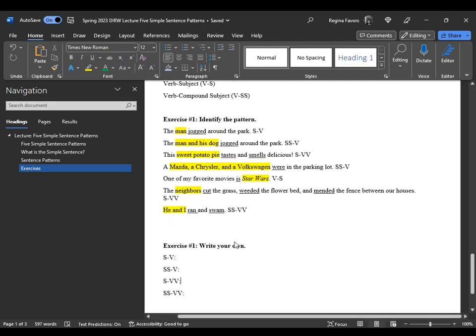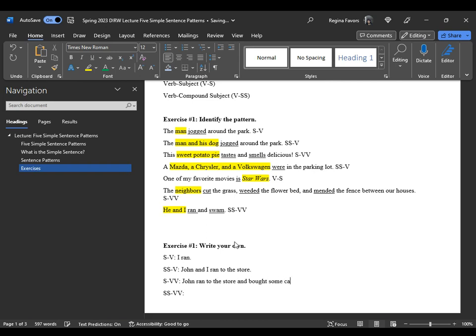So let's write our own sentence and just keep it very, very simple. I ran. Okay, subject verb. I could say I ran to the store. I could do a number of things. John and I ran to the store. Okay. And then John ran to the store and bought some candy.